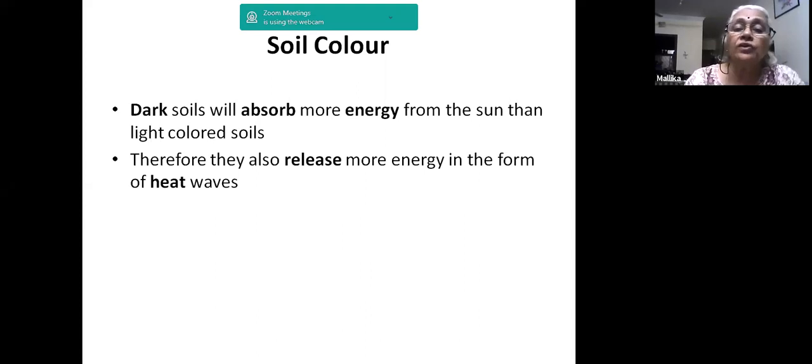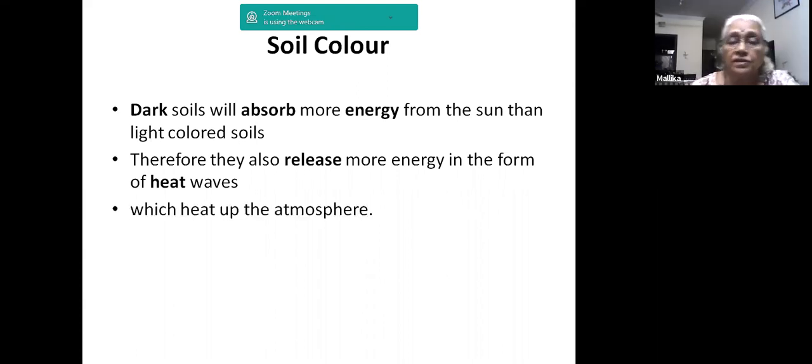So they will also release more energy in the form of heat waves, and therefore they will increase the temperature of the surrounding region. So the Deccan region, North Deccan especially, has all dark black soils, and that is why it is warmer, right? And because it is warmer, the little moisture that you have in the atmosphere is also lost.